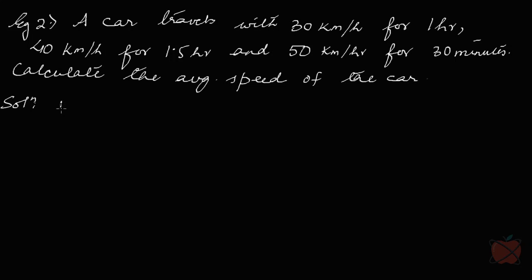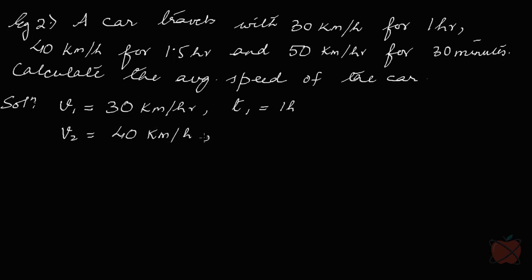So here, v1, which is the speed of the car in the first interval, will be 30 km per hour. v3 is 50 km per hour, while t3 is 30 minutes.